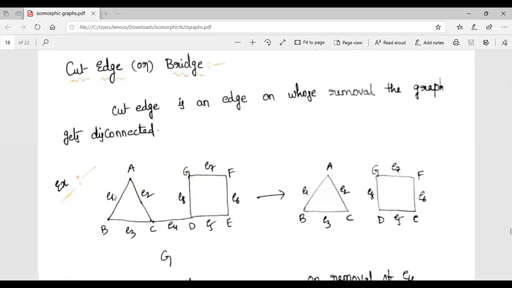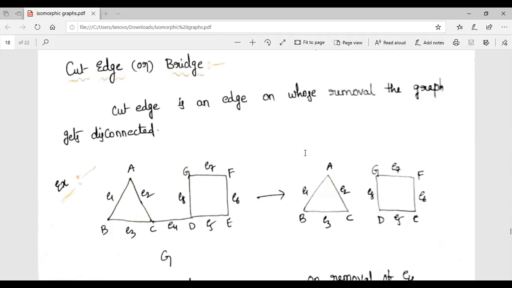Look at this example. This is a connected graph. There is a path from A to E: A to C, C to D, D to E, or else A to C, C to D, D to G, G to F, F to E. If every pair of vertices of this graph has a path, it is a connected graph. By which edge removal does this graph become disconnected? That is E4.